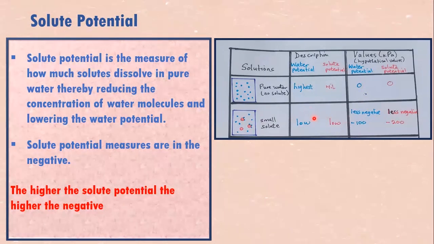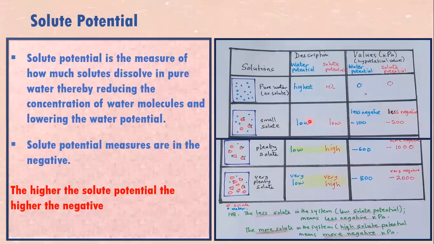Now, what happens when we increase the solutes? In this case, the solute amount is increased, so it will reduce water potential, and so water potential is low. And when water potential is lower than here, it will have a much lower negative. And this higher solute potential will have more negative. The greater the solute potential, the more the negative.